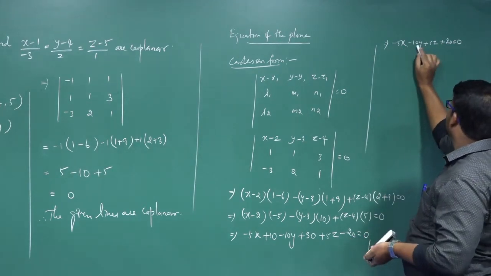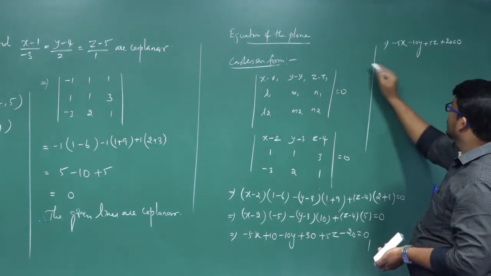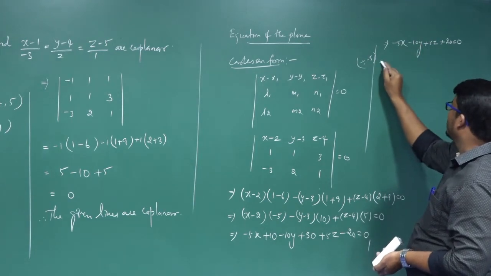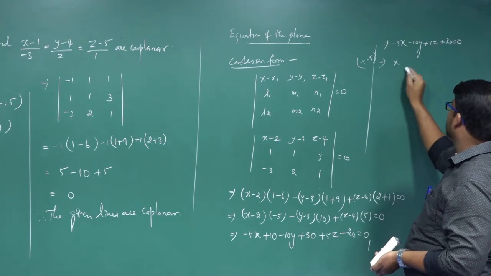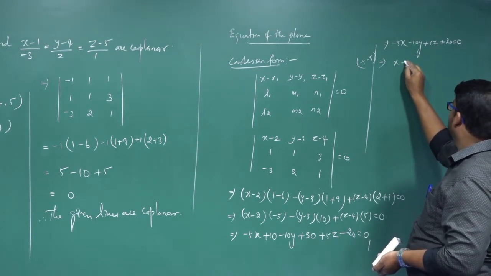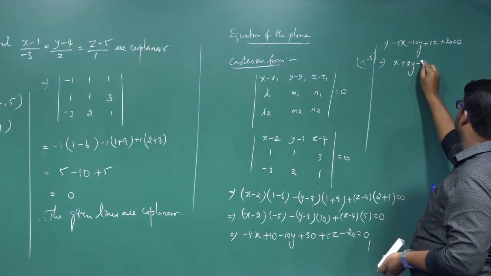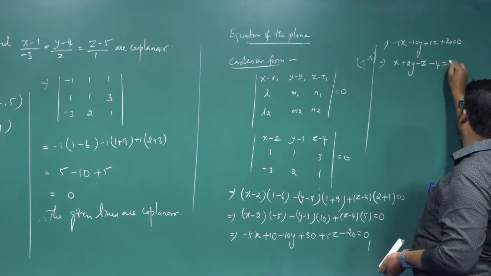Minus 5x minus 10y plus 5z plus 20 equal to 0. This equation is divided by minus 5. That implies minus 5 by minus 5 is x, plus x. Next, minus into minus cancels, 2 into 5 is 10, so 2y. Next, minus z minus 4 into 5 is 20, equal to 0.